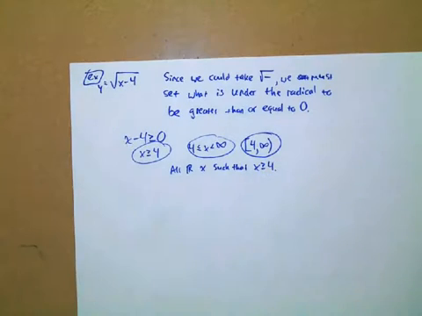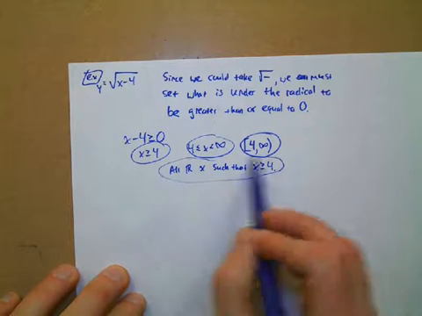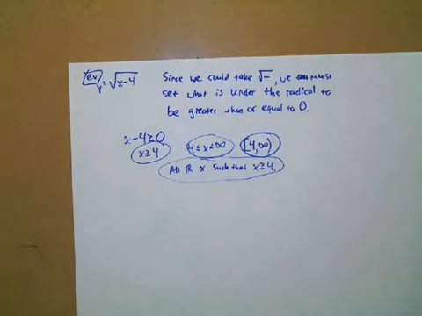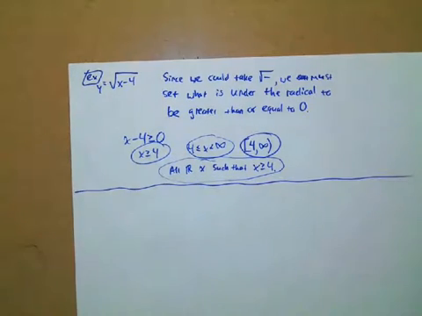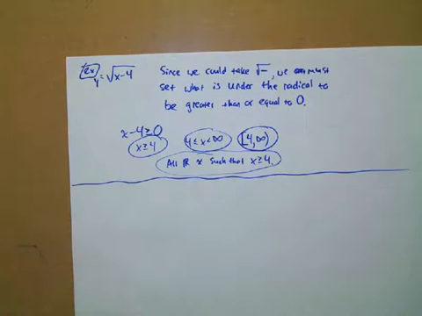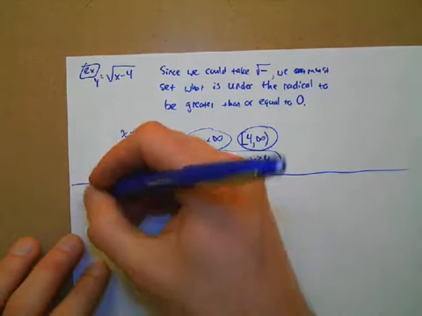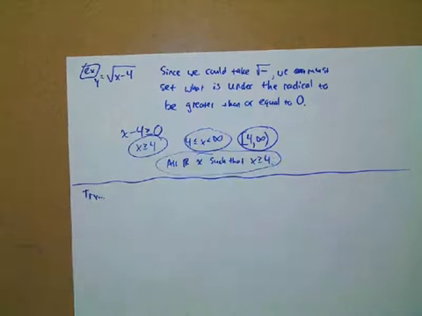Okay? So, questions on any of that? All right, let me give you guys one to try here. All right, this might be, well, we'll see here. I'll have you guys give it a try, and then we'll go over it.